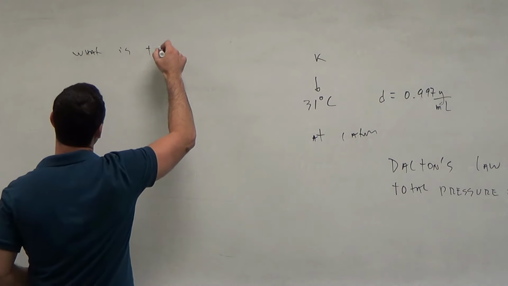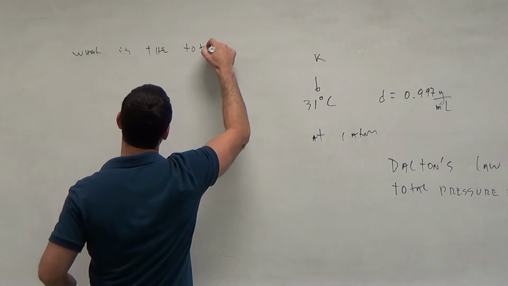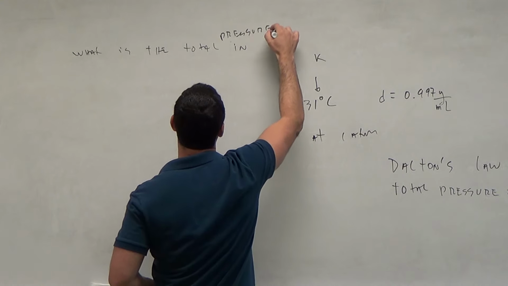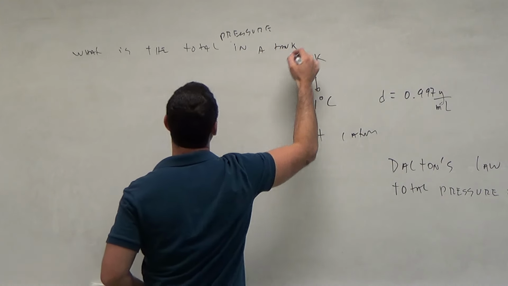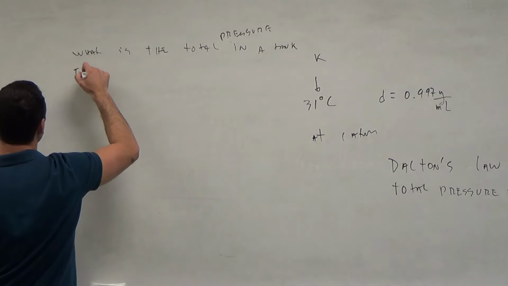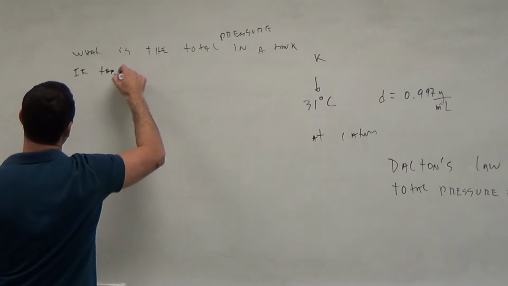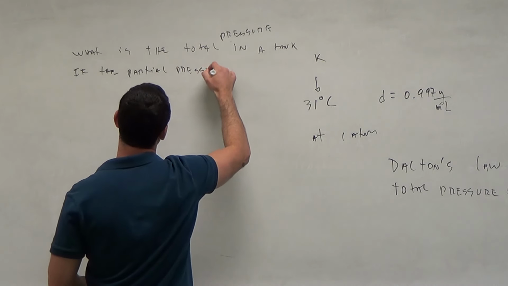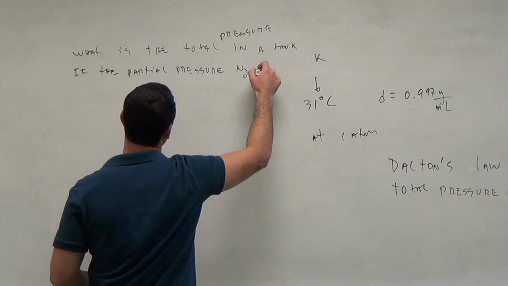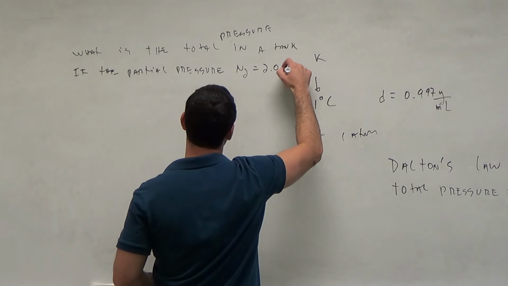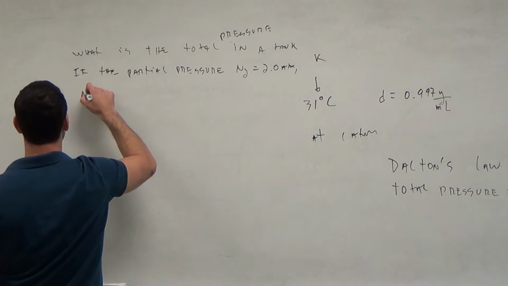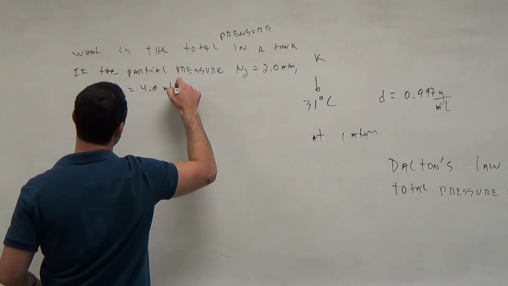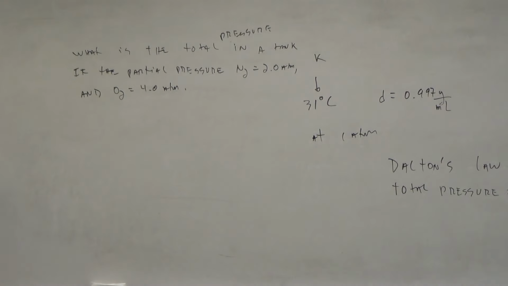What is the total pressure in a tank if the partial pressure of N2 is 2 ATMs and O2 is 4 ATMs? 6.